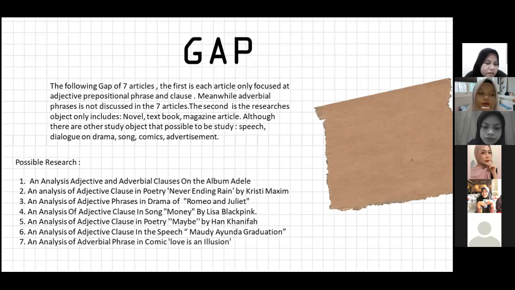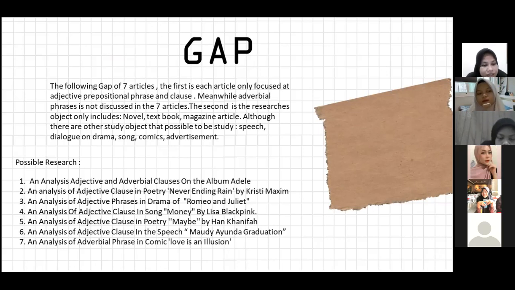And for the possible research, we found 7. First, an analysis of adjective and adverbial clauses in the album by Adele. Second, an analysis of adjective clause in the poetry Never Ending Rain by Christy Maxim. The third is an analysis of adjective phrases in the drama Romeo and Juliet.